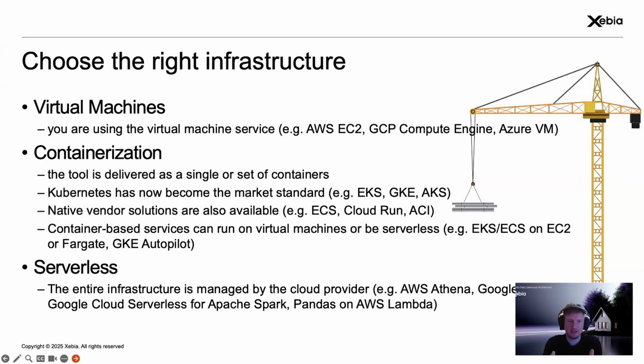The last way in which data processing engines are provided to us, a very popular and cloud-native approach, is serverless. In this model, our entire infrastructure is managed by the cloud provider, and we only focus on our data processing, our code, and business logic.